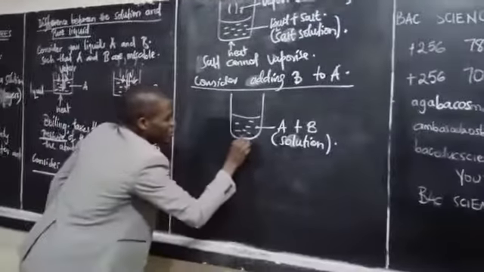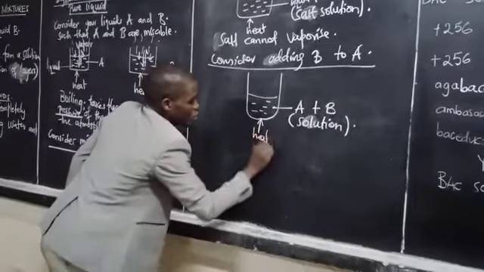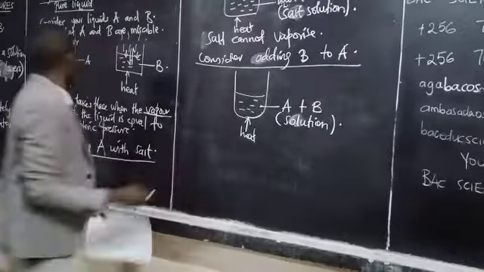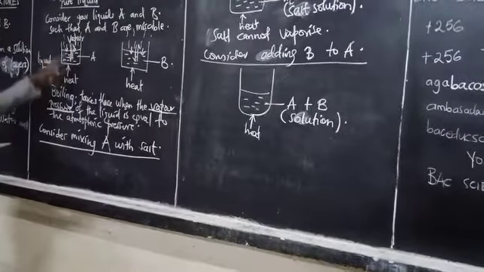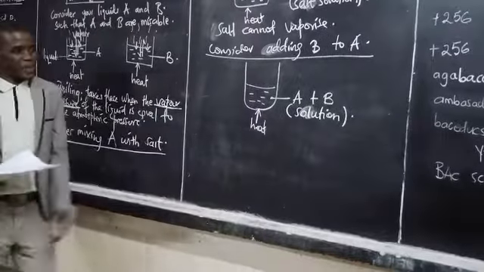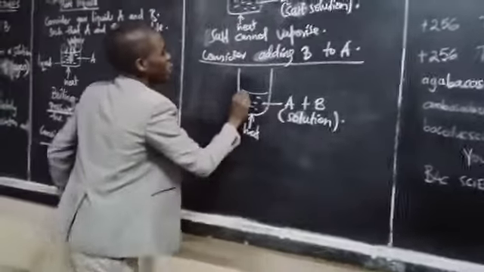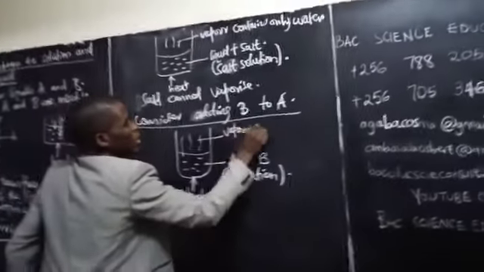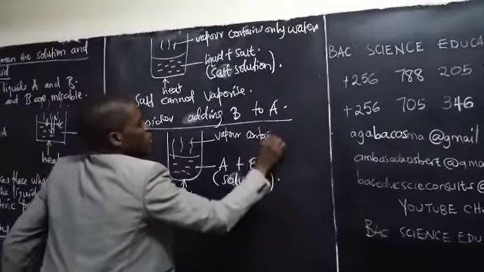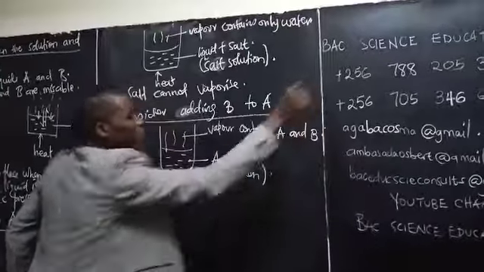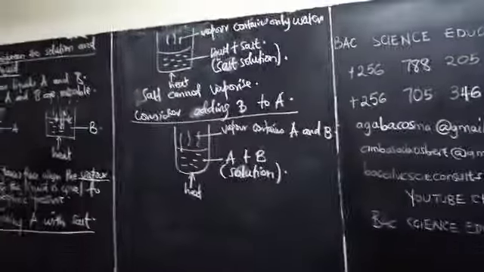Can you heat this solution? What will happen? When you heat, remember here you heated A, it vaporized. You heated B, it vaporized. What happens when you mix them together? They will still vaporize. So the vapor will contain A and B. They will be mixed together in the vapor.